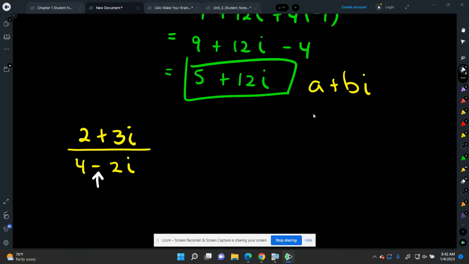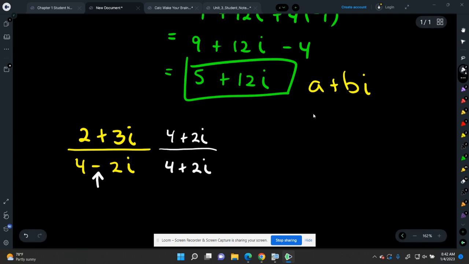Instead of 4 minus 2i, we're going to multiply by 4 plus 2i. If that was a square root, we would do the same thing, okay? And we have to do that on the top and the bottom. So we multiply by the conjugate.